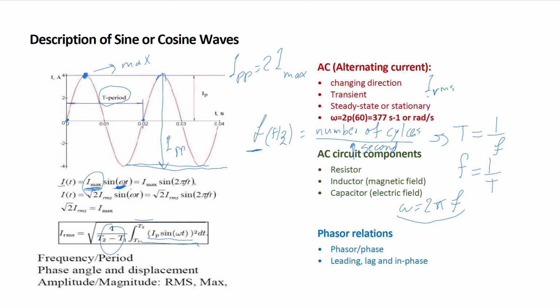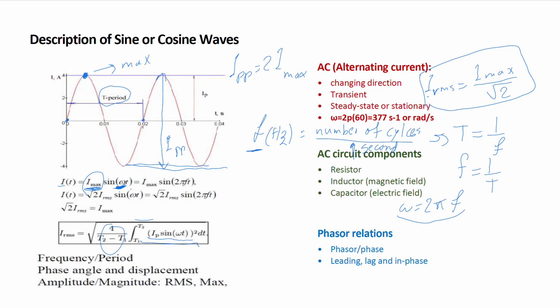Now there is a good characteristic when we talk about sine and cosine, which says that RMS is normally the maximum value, not peak to peak, divided by the square root of 2. This only happens when you have a sine or cosine function. So it's easier to calculate that.